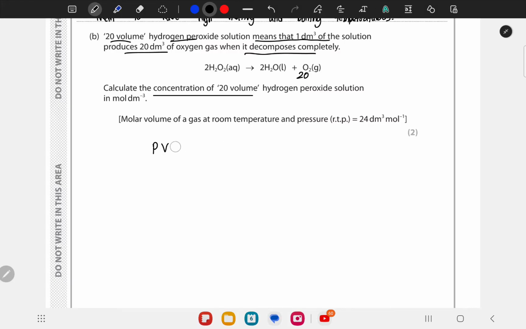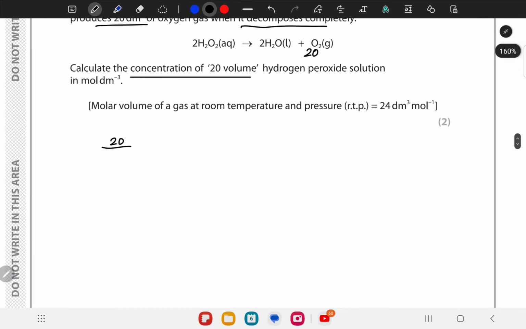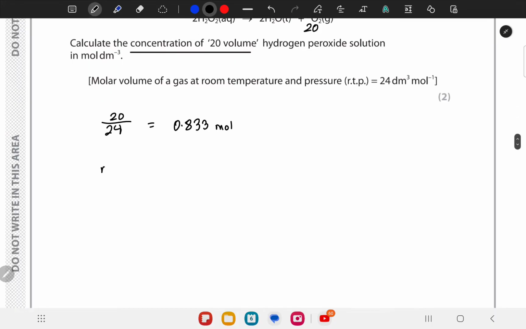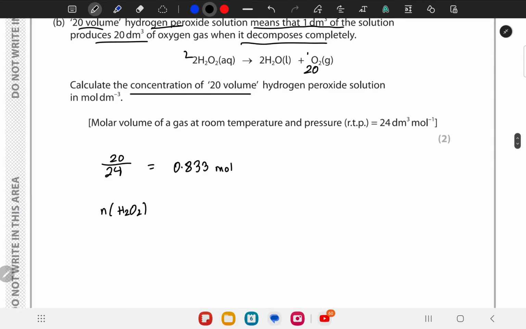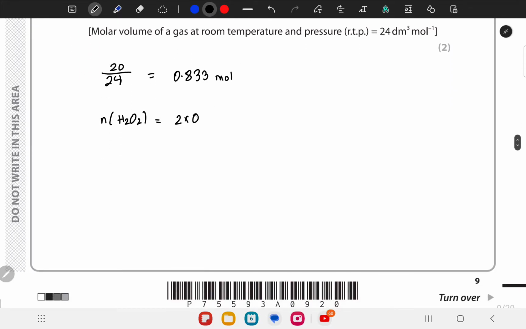Okay, no, we don't have the pressure. We can calculate the moles of oxygen produced. So 20 dm³, the molar volume of gas would be 24, so 10 by 12 or 0.833 moles of oxygen. So the number of moles of hydrogen peroxide would be twice of that, since the mole ratio is 1:2. So 2 into 0.833.